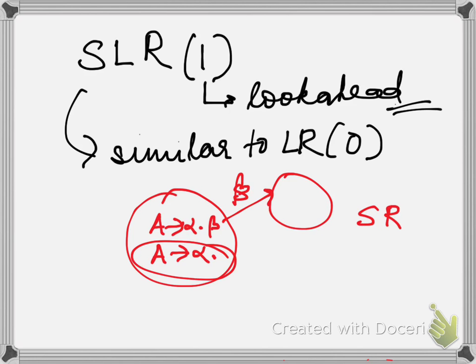Or suppose I have B derives gamma dot and C derives alpha dot. I have two final items in a particular state, then I get a reduce-reduce conflict. So the main problem is because of the reduce step. Let us see if we can restrict the number of reduce steps so that we can include more grammars in SLR.